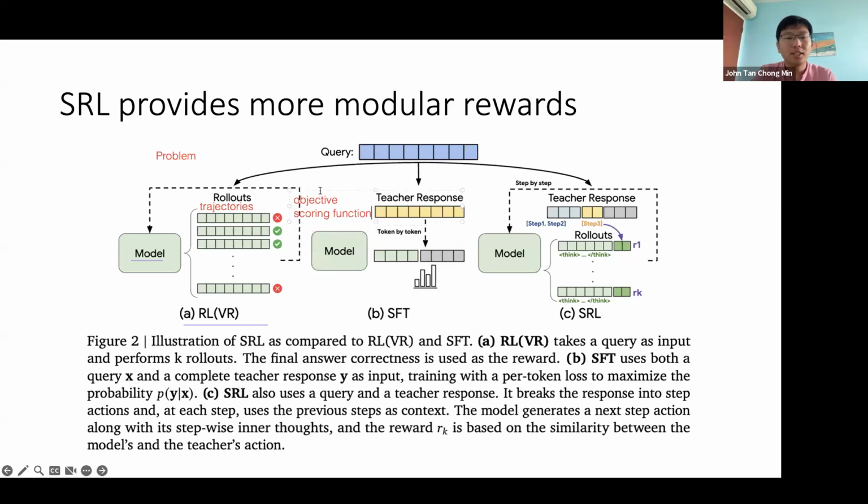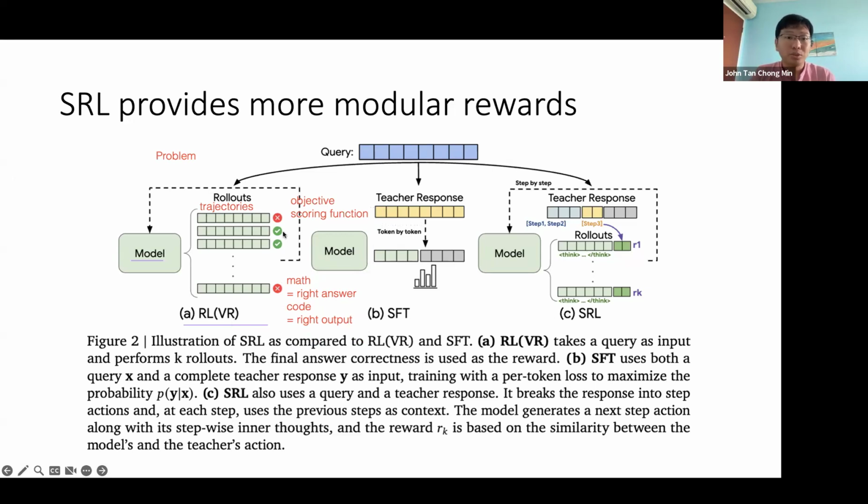If it's math, it could be the right answer. If it's code, you could check the right output. So you can have very rigid and verifiable rewards. That's the huge thing about RLVR: the rewards are objective, or verifiable.